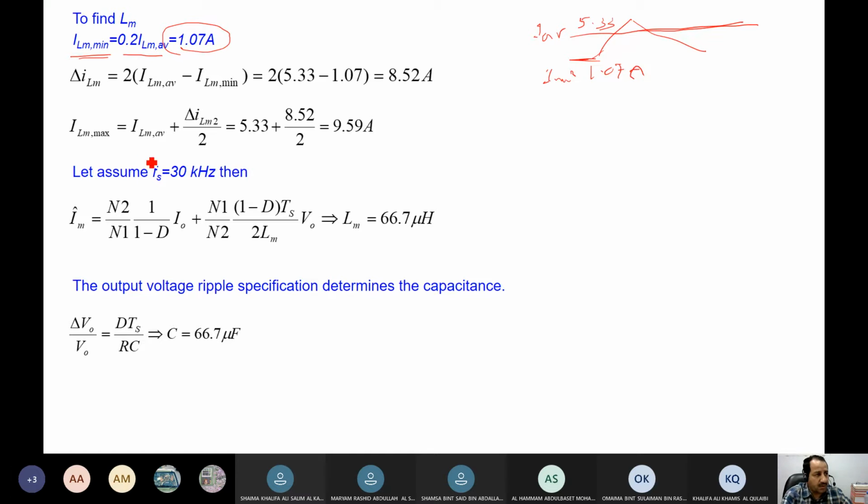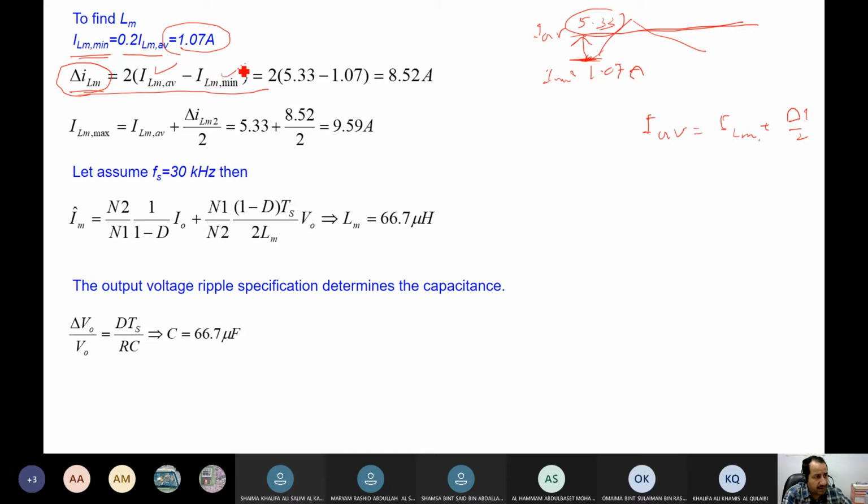Okay, now delta I will be 2 LM because you know here I average equals IL minimum, this one, plus from here to here, which is delta I over 2. So I can rewrite it to find delta I. I have IL average, which is 5.33.